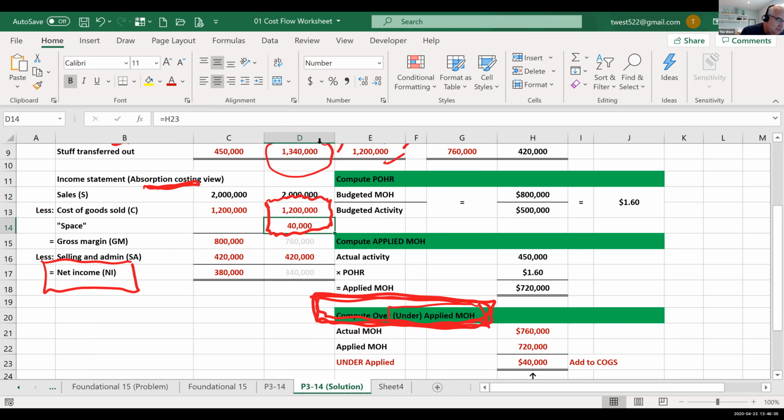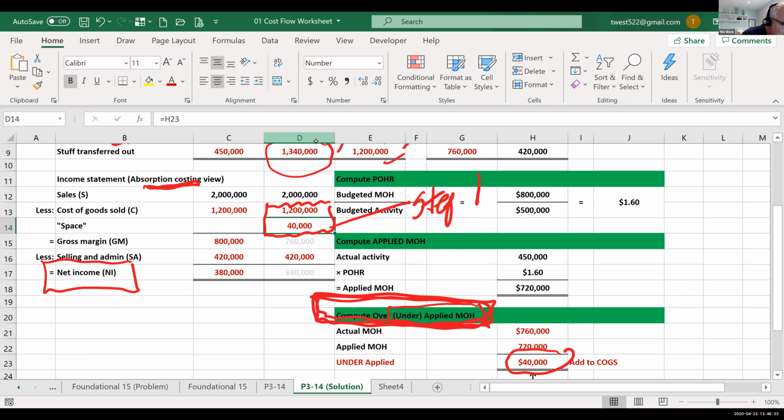Now, this little piece right here, this can be mind bending, all right? Yes. Because on the one hand, you know, you're going, okay, I see the 40,000. Then for me, what I do is I do this first. So step one, I adjust my cost of goods sold.